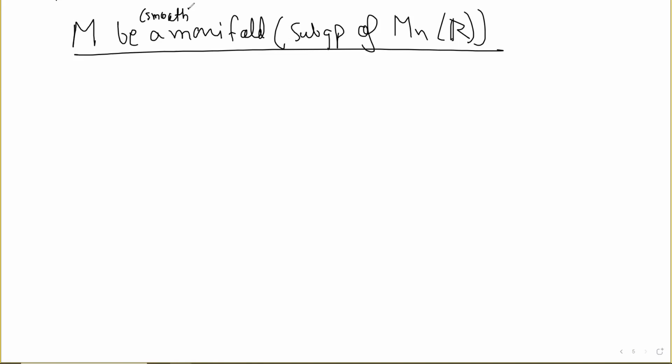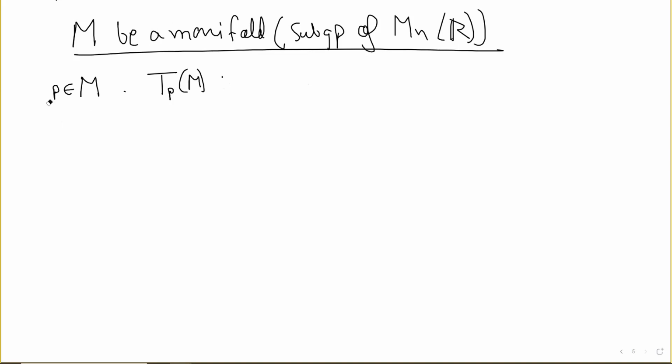I'm going to take a smooth manifold, and then you have two definitions of tangent space. You fix an arbitrary point P in M, then your T_P M. Actually, I don't need a smooth manifold; I will do it directly.